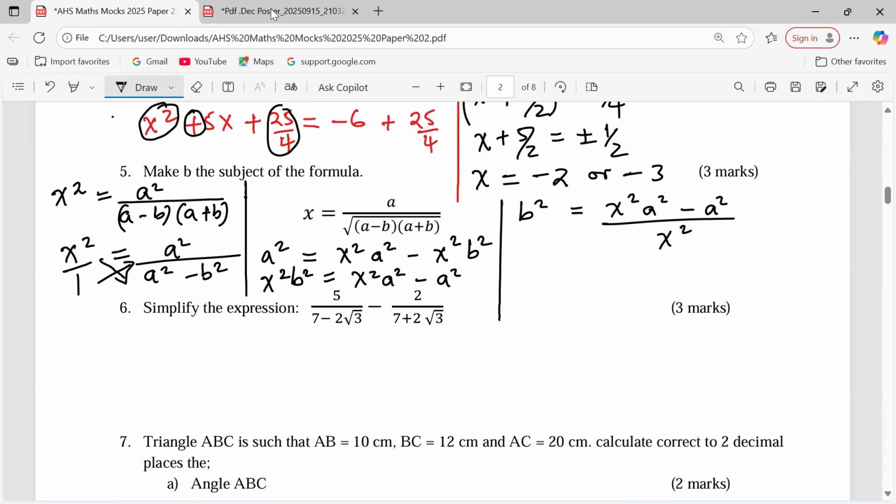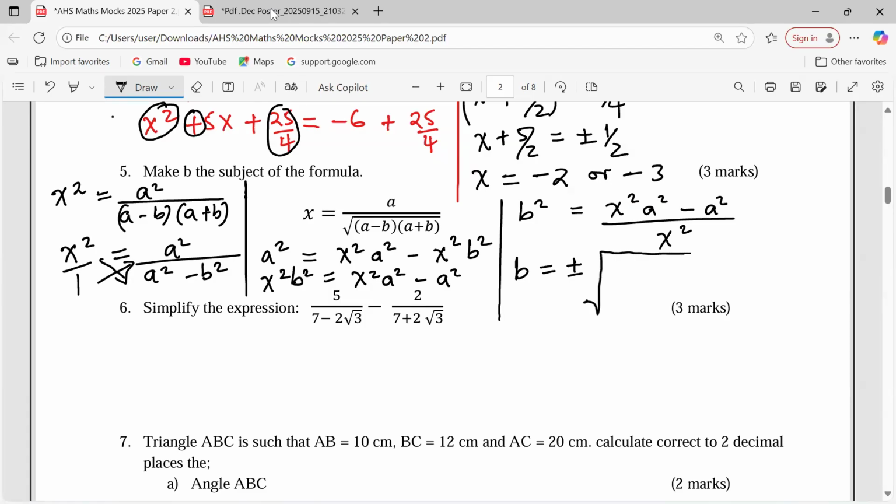Then we can talk about the square root. So we remain with b equals plus or minus the square root of, remember the numerator can still be factorized to xa minus a and xa plus a, since it's a difference of two squares. Everything out of x squared.